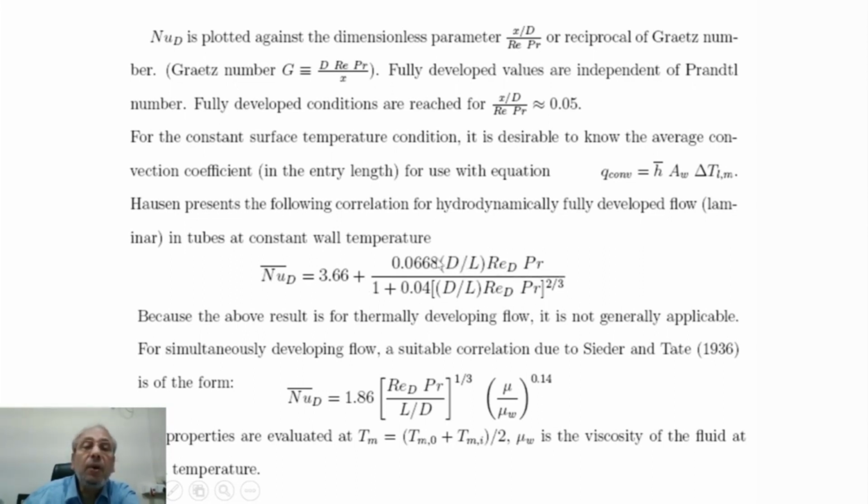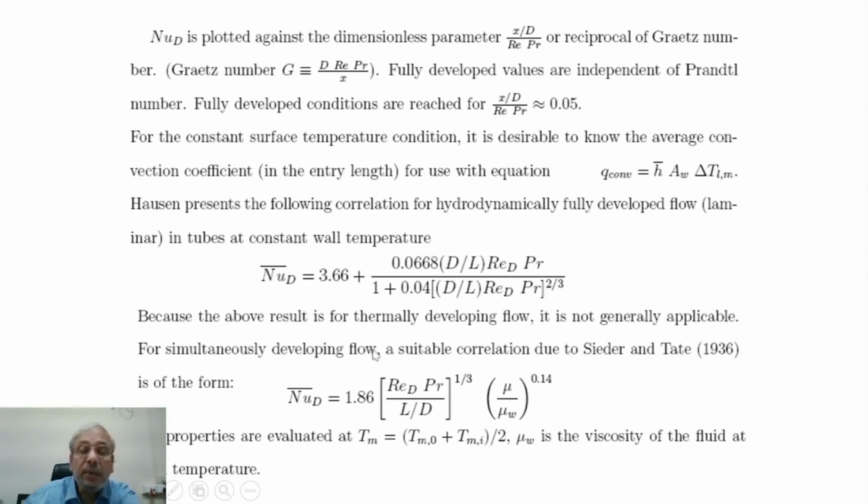Okay, so basically this is at the entrance for hydrodynamically fully developed but thermally developing flow, and this is the average Nusselt number based on tube diameter. Because the above result is for thermally developing flow, it is not generally applicable.